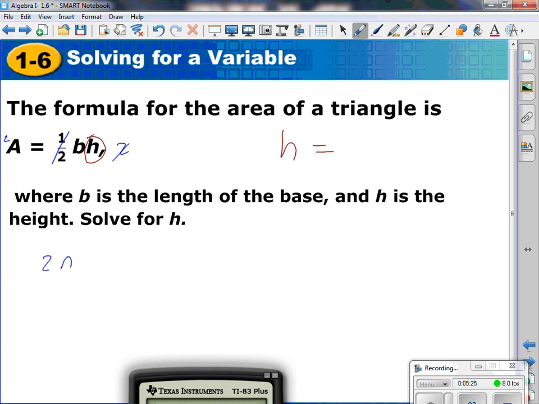I have 2A equals BH. How do I get rid of that B being multiplied to the H? Divide by B. H is 2A over B, and that is your answer. It is just a rearrangement. You're going to have to learn how to manipulate equations.